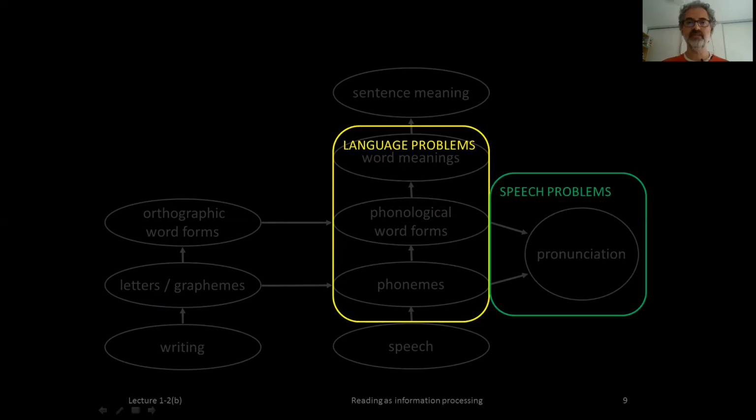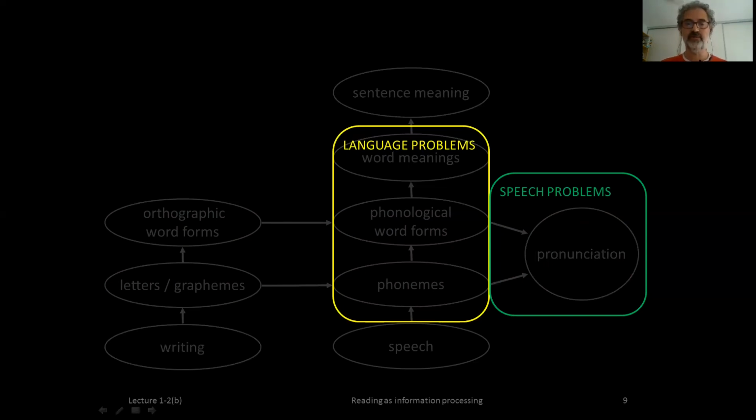If someone has difficulty converting knowledge of words or knowledge of phonemes into articulatory movements to produce these words, or with the execution of these articulatory movements to produce these words, then someone has speech problems, and these are different.